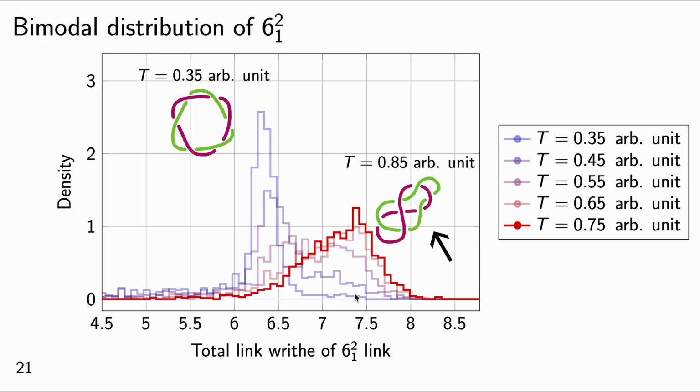Whereas at high temperature, it has this distribution that's preferred because it's in this other configuration. And so what's going on at the medium temperature is the width of the distribution shoots up because it goes bimodal. So this is totally unrelated, but a nice little feature that comes out is that you have two stable states at different temperatures.